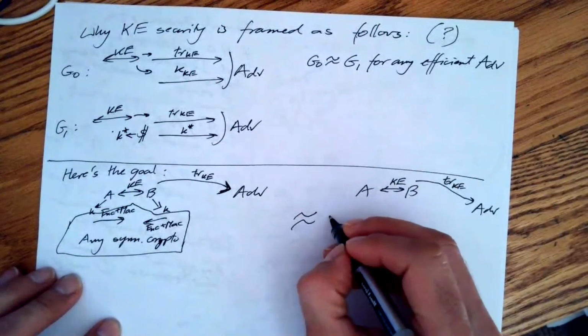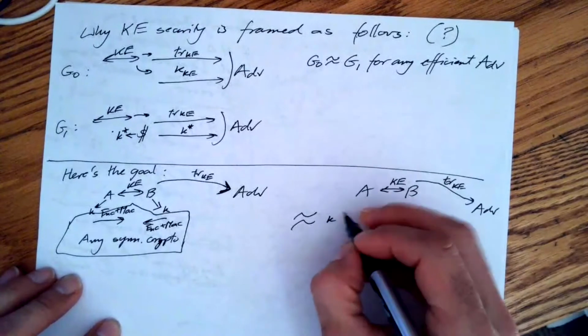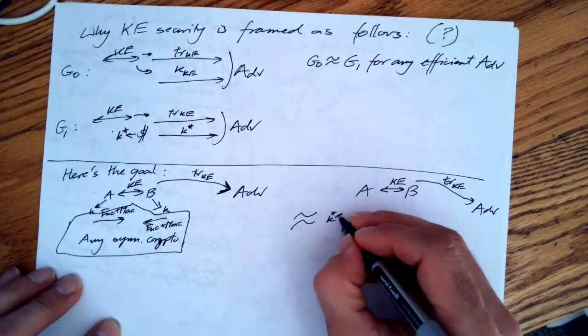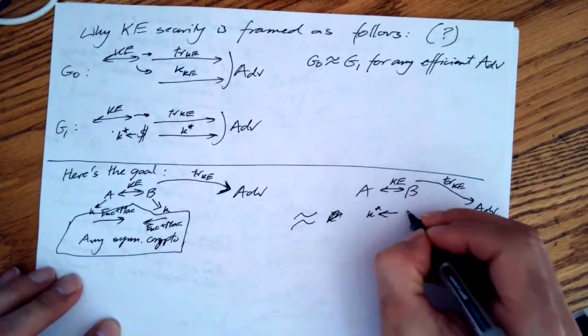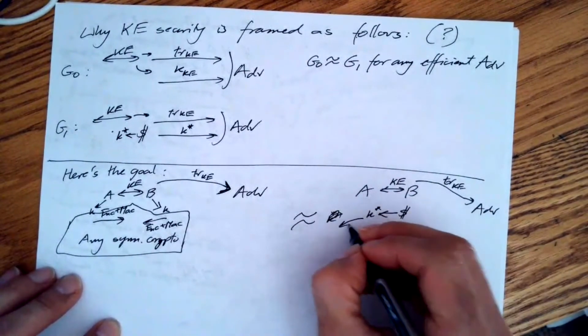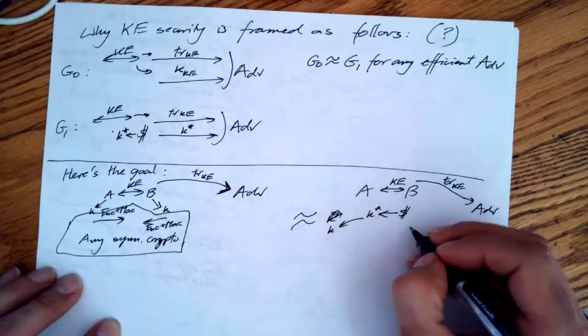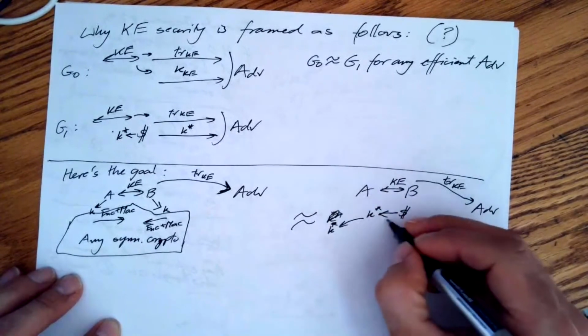And then, independently of this, a random key just was chosen and given to these people, Alice and Bob.